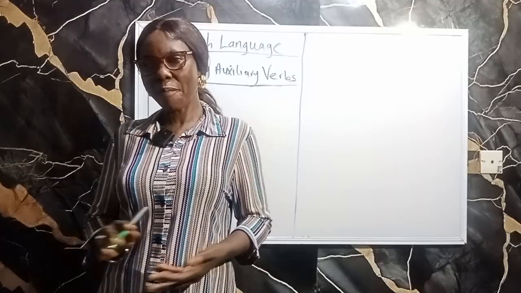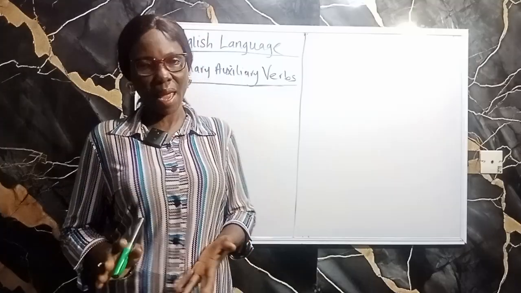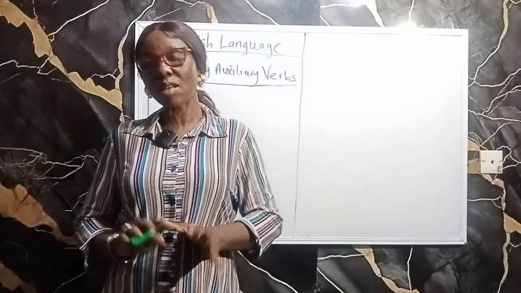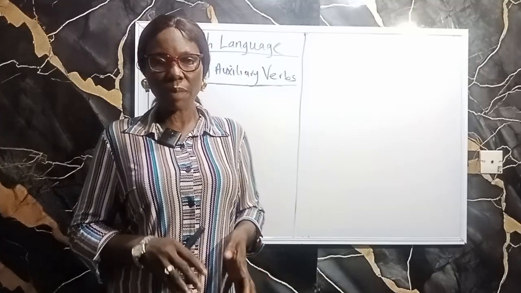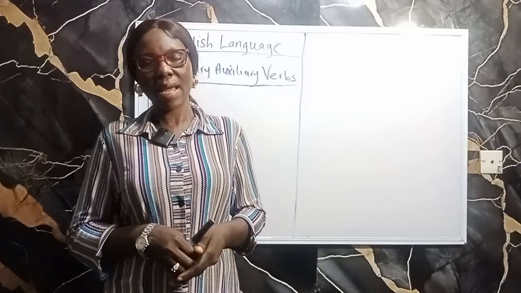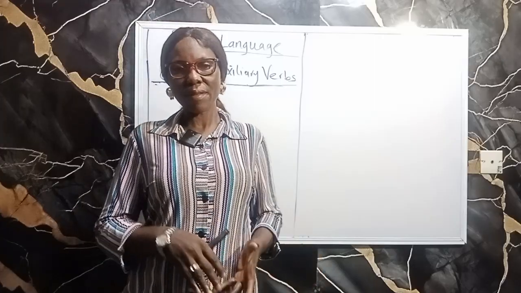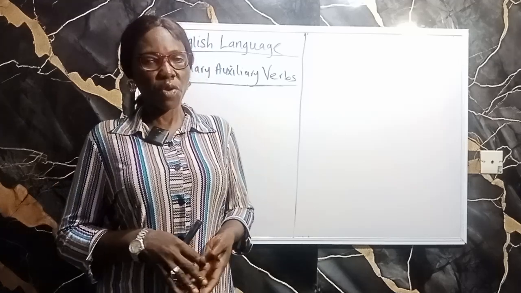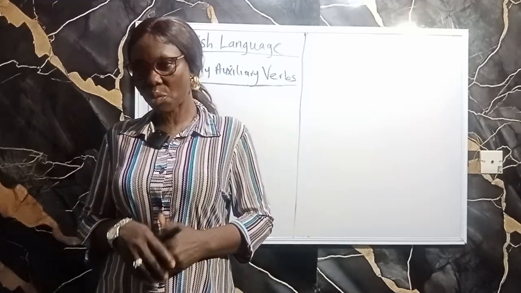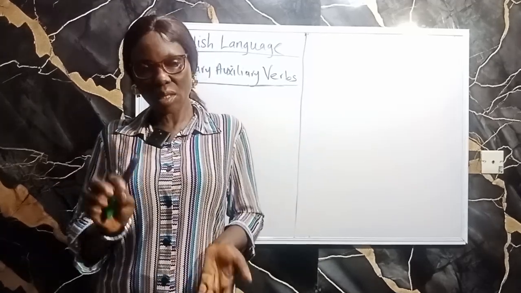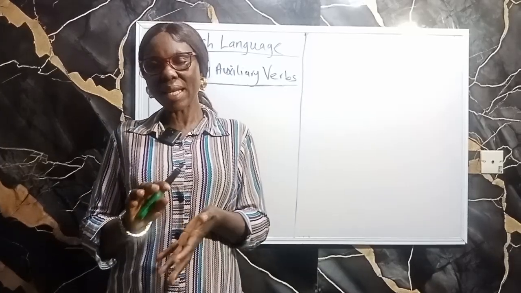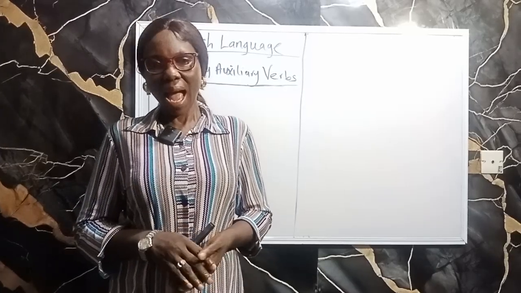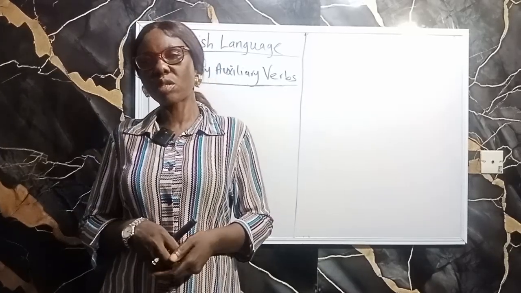For example, we have present tense, past tense, continuous tense, and so on. We also use them to form voices like active voice, passive voice. We use primary auxiliaries to ask questions, to make negative statements, and to add force to the main verb.